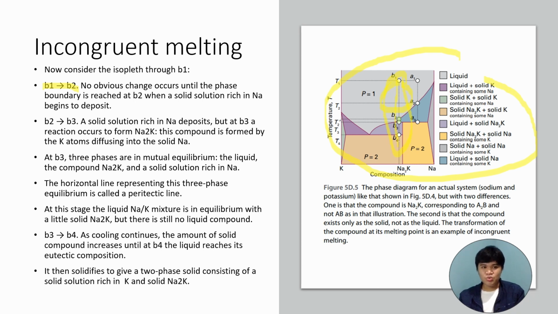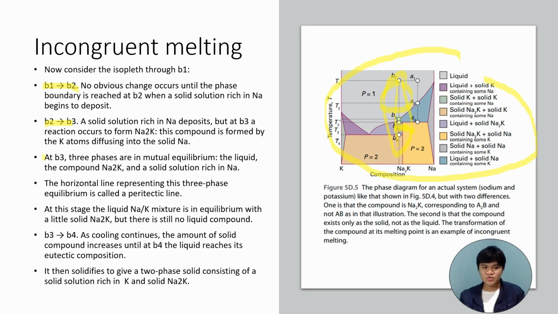As B2 approaches B3, a solid solution rich in Na deposits, and here at B3, the reaction occurs to form Na2K. It is when the potassium atoms are diffusing into the solid sodium.